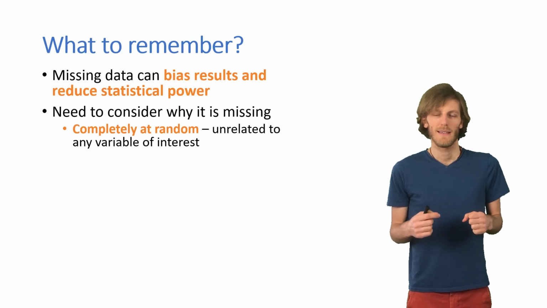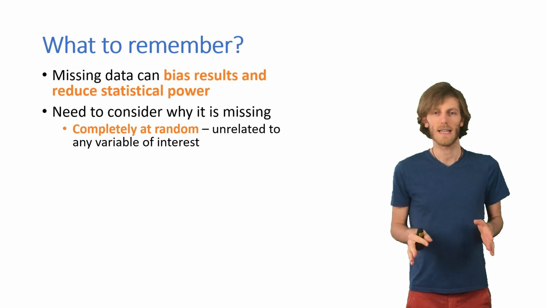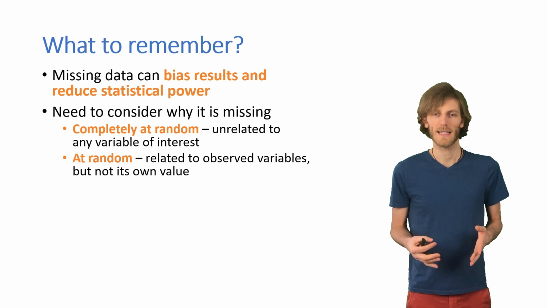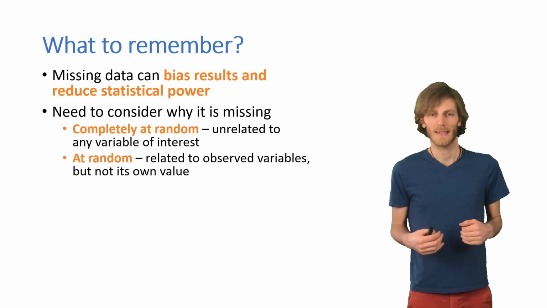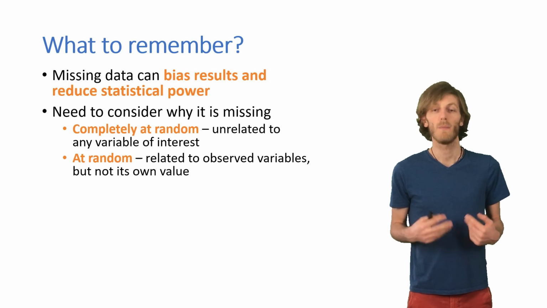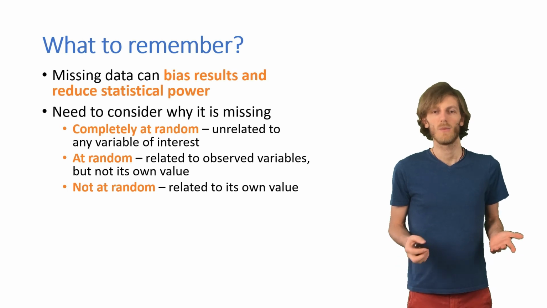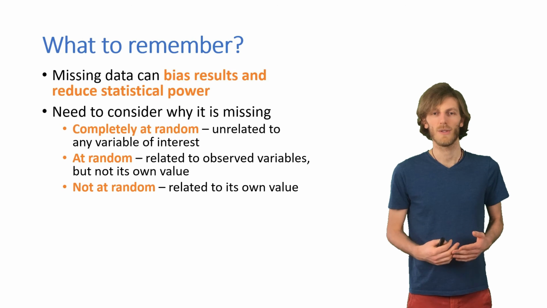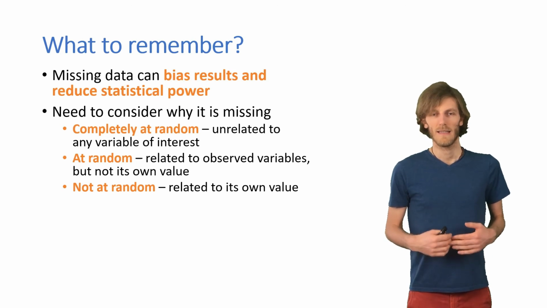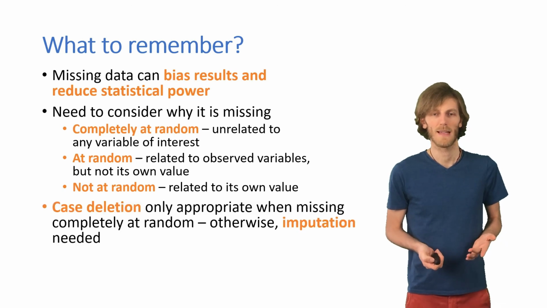So whether or not it's missing is determined by variables that are just not there in our study, that we're not interested in. It might be missing at random, which means that missingness is predicted by other variables in our study, but not by the missing variable. Or finally, not at random, which is when the value that we're not seeing is related to the missingness. That's the most problematic case.